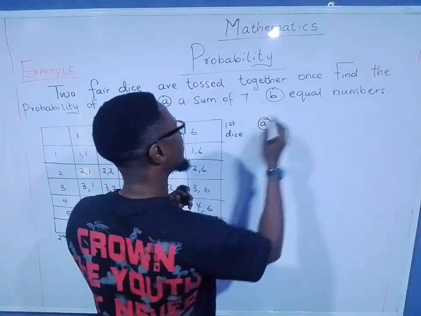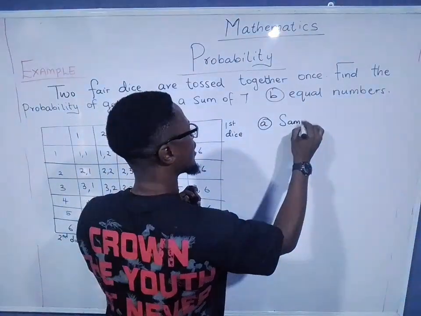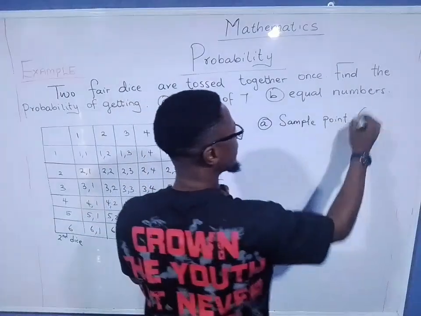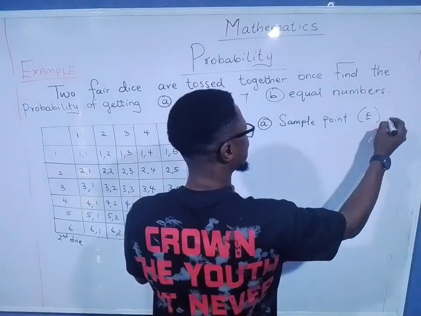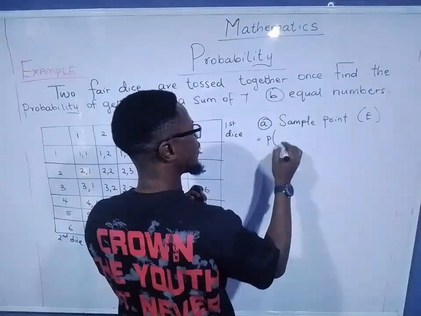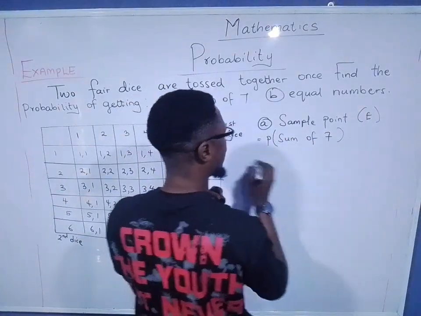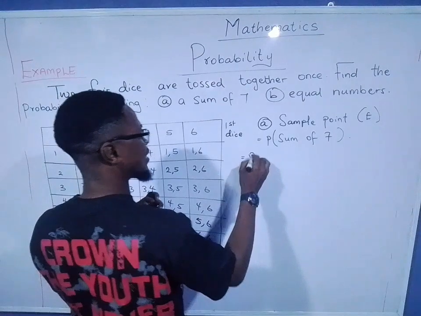Let's call the sample point E, the event of getting a sum of 7. So let us look at all of them that sum to 7.